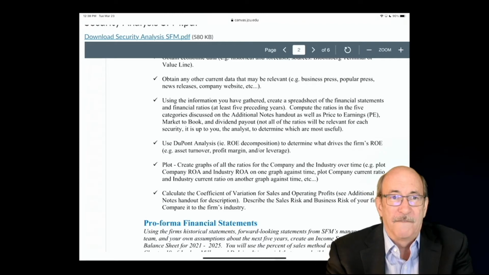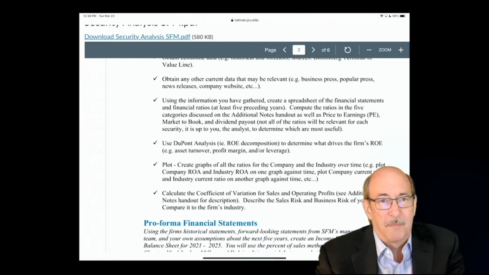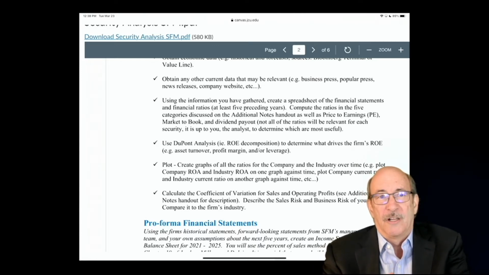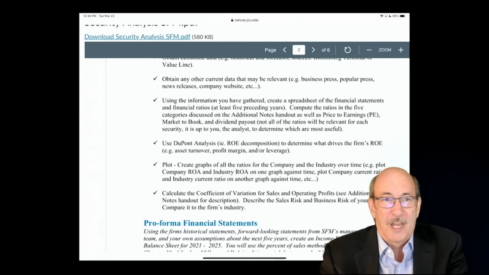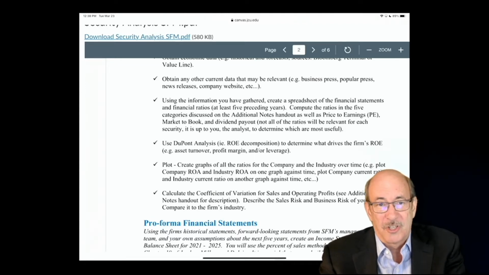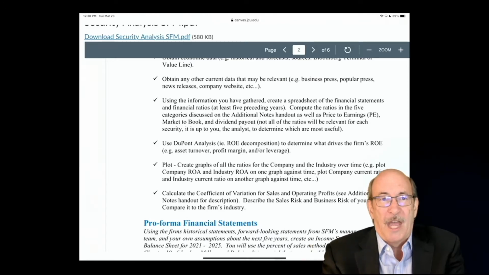So each individual teammate must read the 10K, must look at the 10Q and see what the updates are, must read all of these current articles, must look at the economic forecast, the industry forecast, and understand it, so that when you're discussing it with each other, you all have kind of the same background.